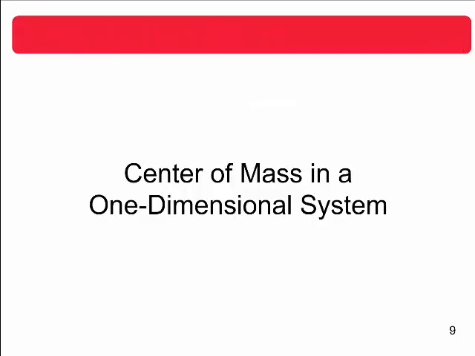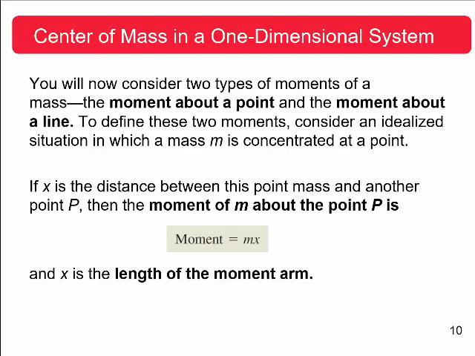All right, let's talk about center of mass in a one-dimensional system now. So you will now consider two types of moments of a mass. Okay, so we're going to define what a moment is now. The moment about a point and the moment about a line. To define these two moments, consider an idealized situation in which mass m is connected at a point.